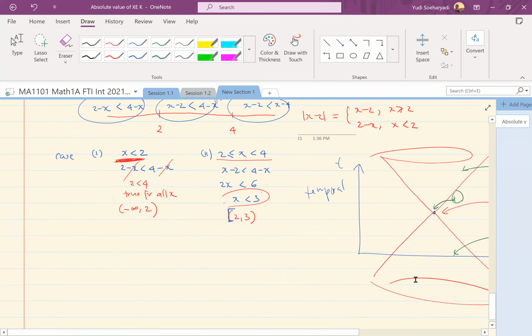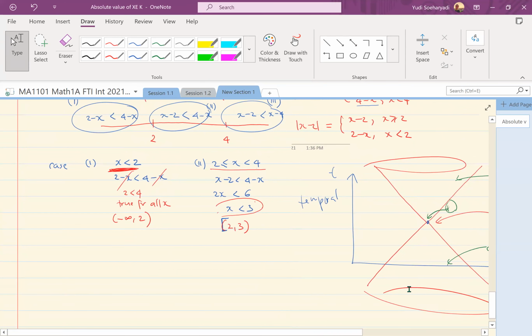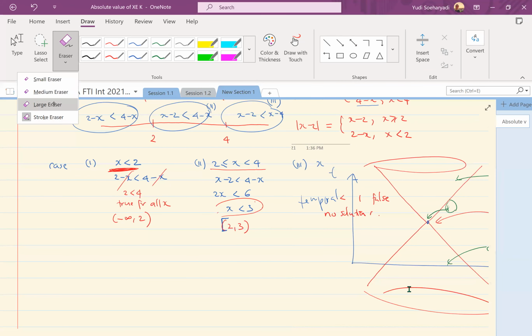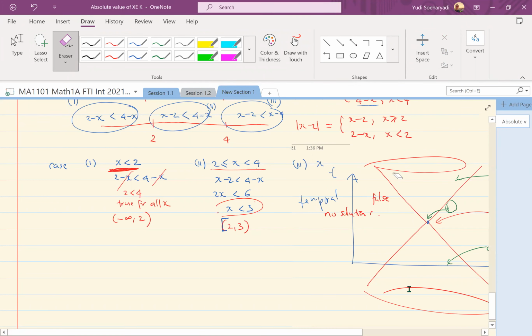Oh. What about this one? Sorry. Shoot. What is this thing? So eraser.